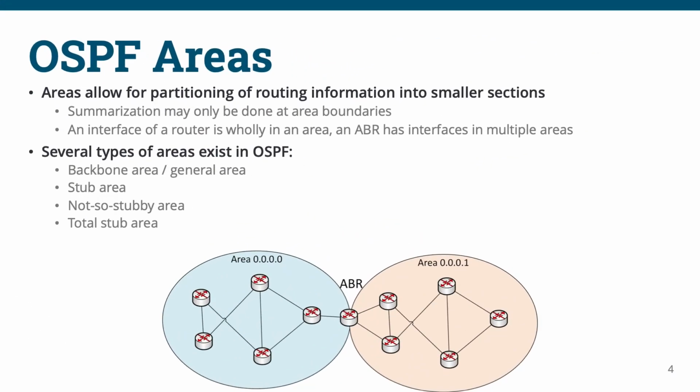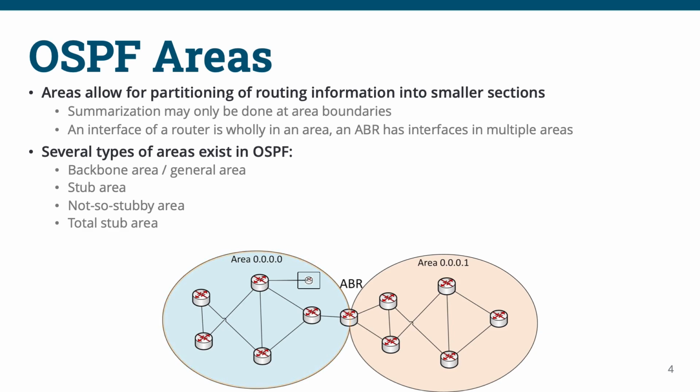See, OSPF areas allow for the partitioning of routing information into smaller sections. As you can probably imagine, if we have a branch office with a router connected into the corporate network and only has a single connection into the larger network, it's unnecessary for that branch office router to hold the entire link state database for OSPF.